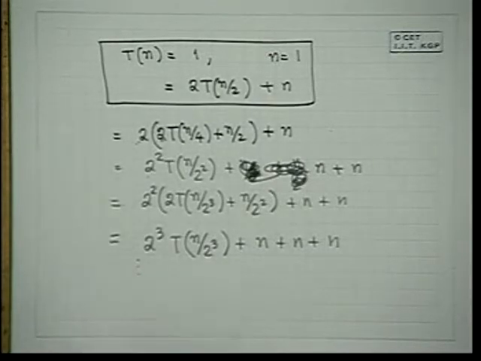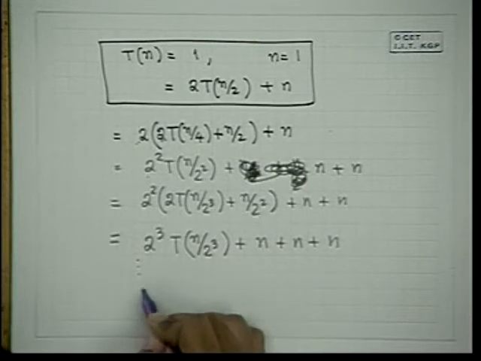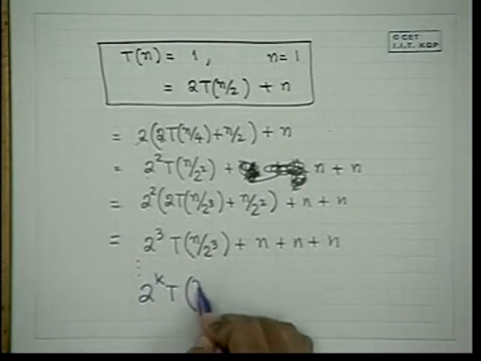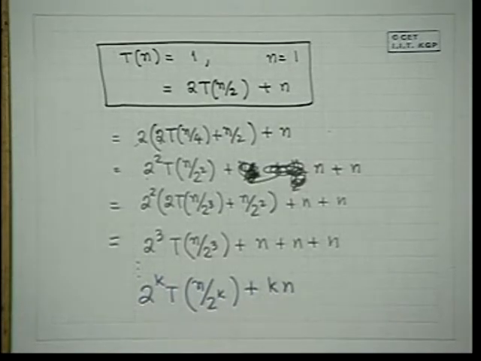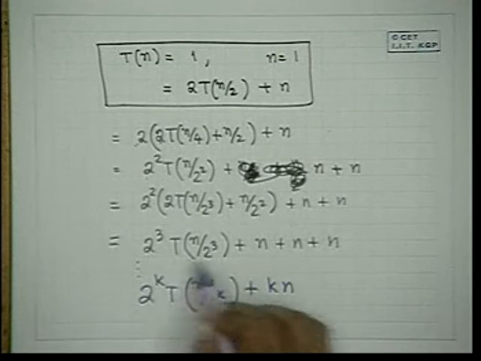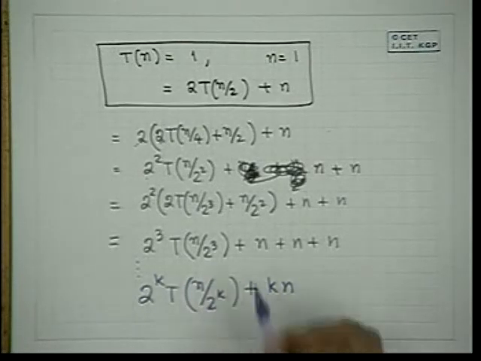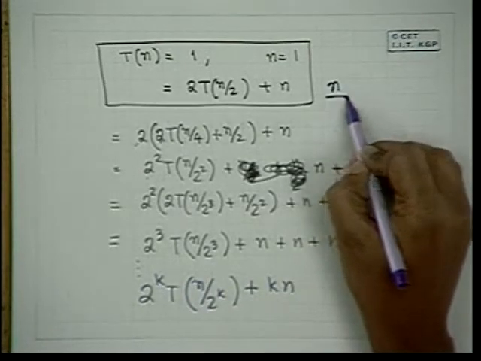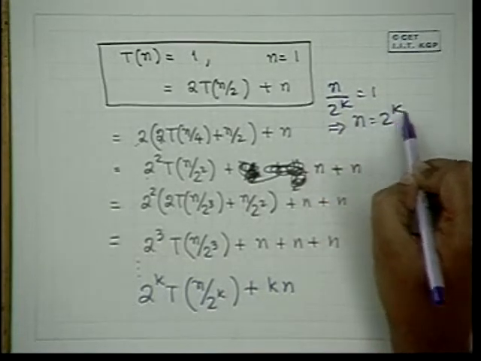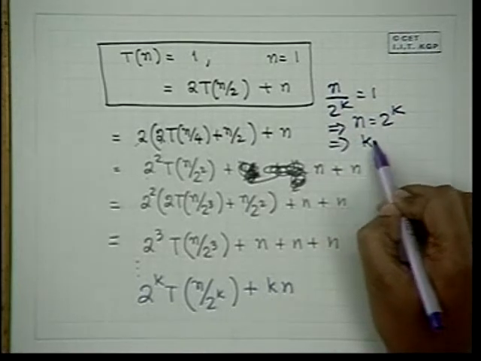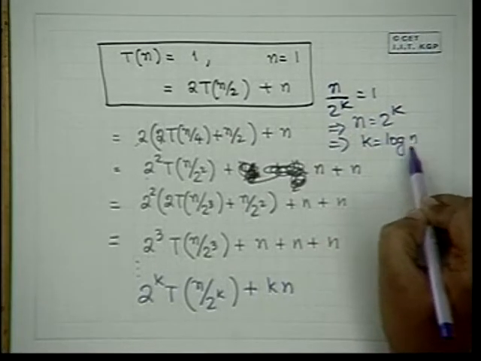Now I can write the general term. Can anybody tell me the general term? 2 to the k T n by 2 to the k plus kn. Alright. So now what happens? When does this become 1? When n by 2 to the k is equal to 1, which implies n is equal to 2 to the k, which implies k is equal to log n to the base 2.